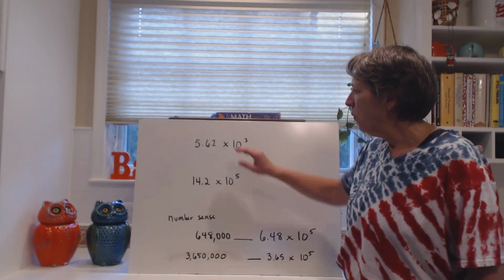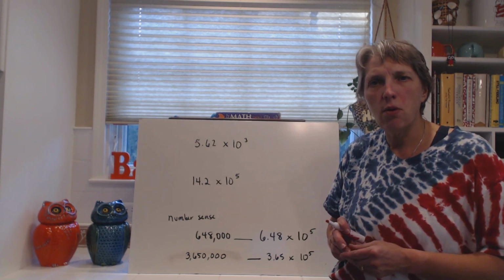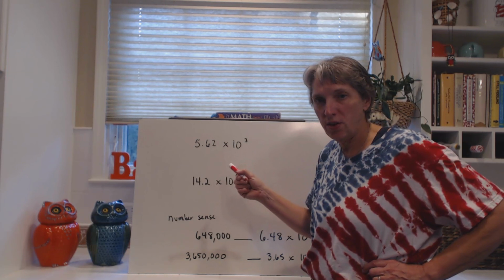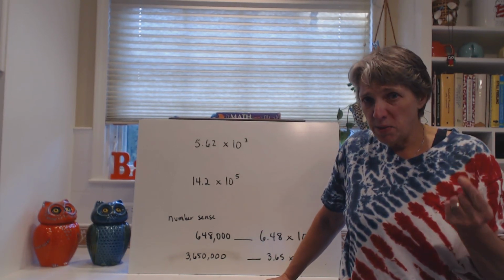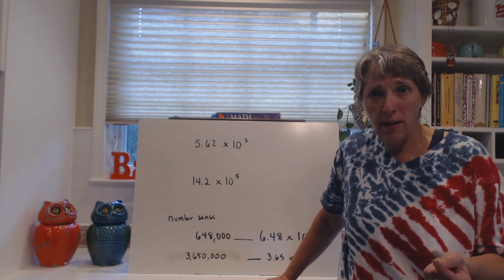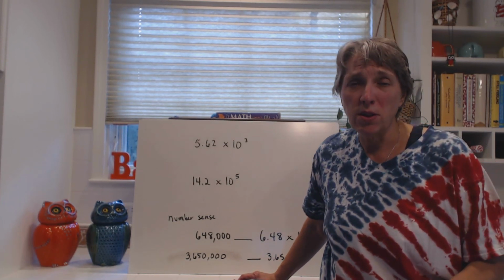So here we have scientific notation that I want to put into standard form. Well, look, it's 5.62 times 10 to the third. Well, 10 to the third means it's 10 times 10 times 10, which is 1,000, okay? So 5.62 times 1,000.